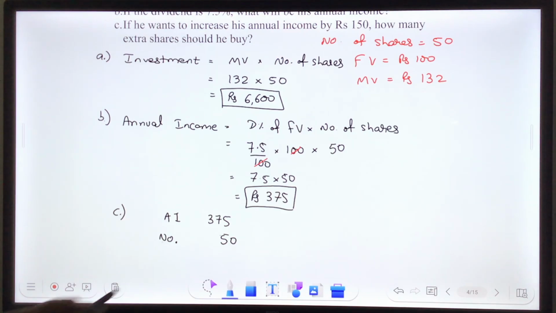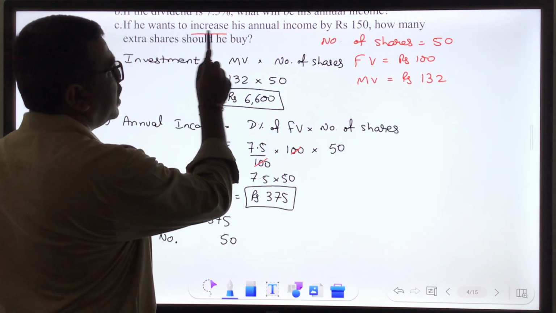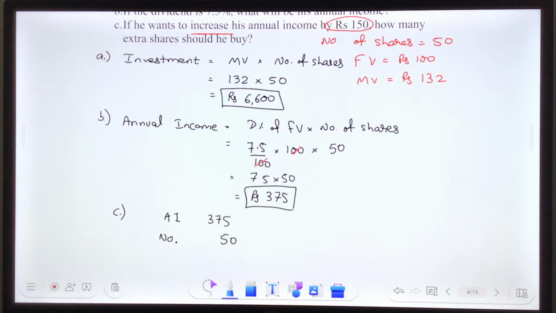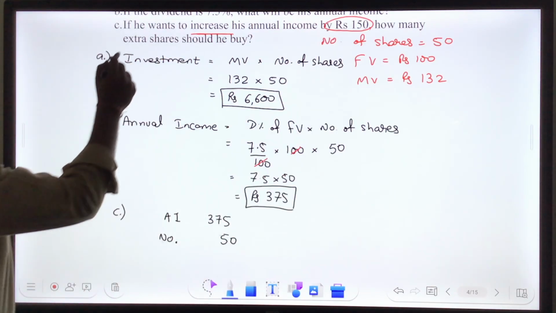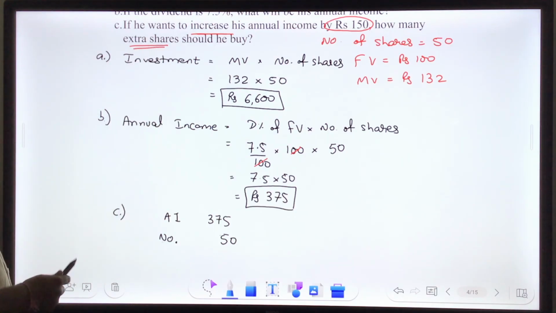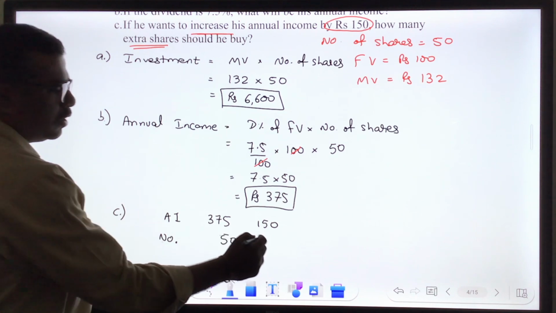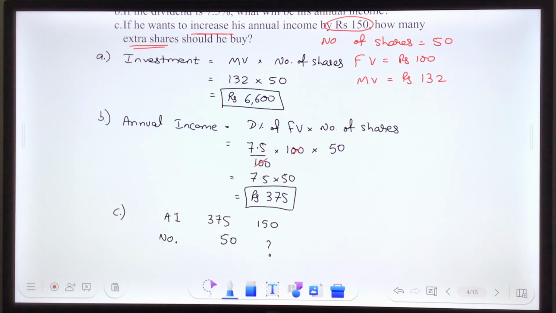He wants to increase the annual income by rupees 150. So how many extra shares should he buy for 150 rupees extra?